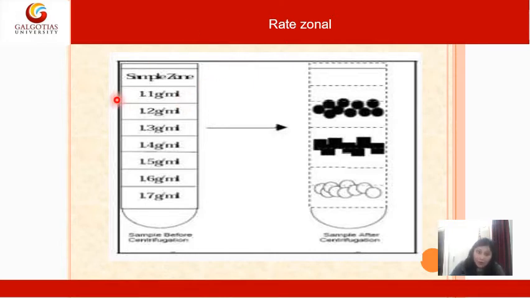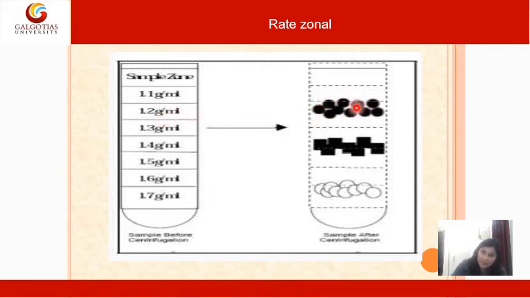Right? Now here we have a sample that has different types of components. When we run our centrifugation process, what will happen? Suppose this is the round black particle. These particles have density similar to this zone. This is 1.2 gram per milliliter. So what will happen?